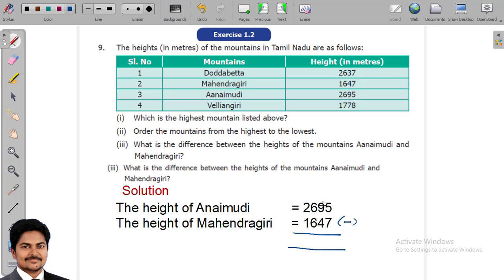So going for conversion, it will be 8. It will be 15. 15 minus 7 is 8. 8 minus 4 is 4. 6 minus 6 is 0, 1. So the difference between the heights of mountains Anaimudi and Mahendragiri is 1048 meters.